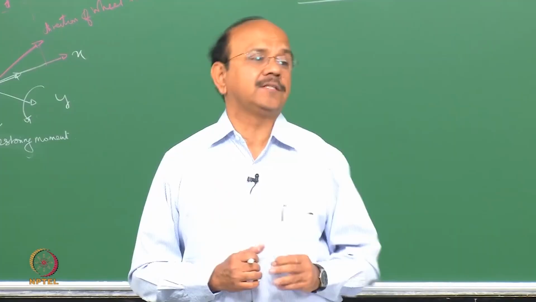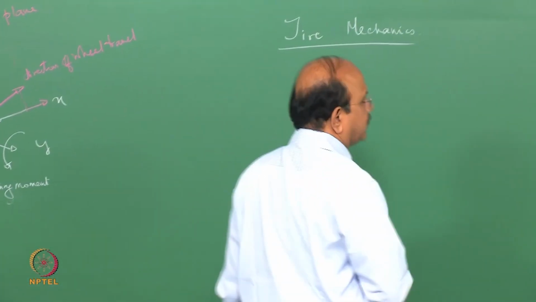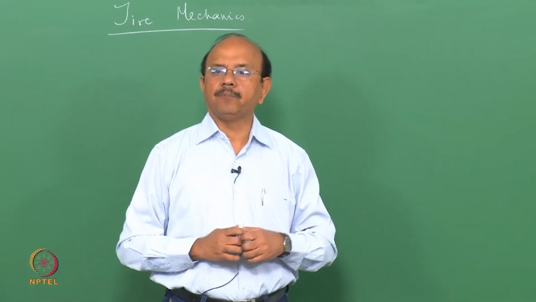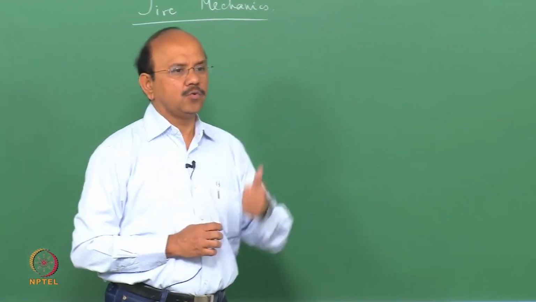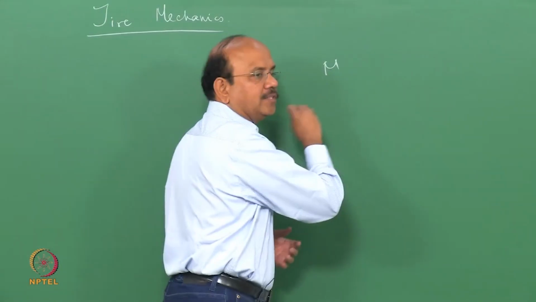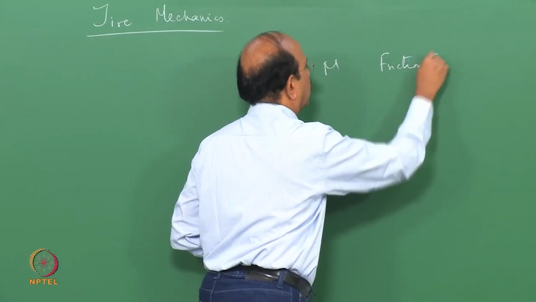So in other words, we have to understand this carefully. In the last class, we said that we will dump all the effects that happen between the tire and the road into one constant, and we call this mu, and we said that this is friction constant or friction coefficient.